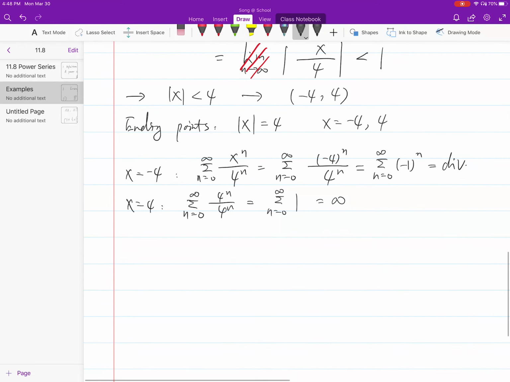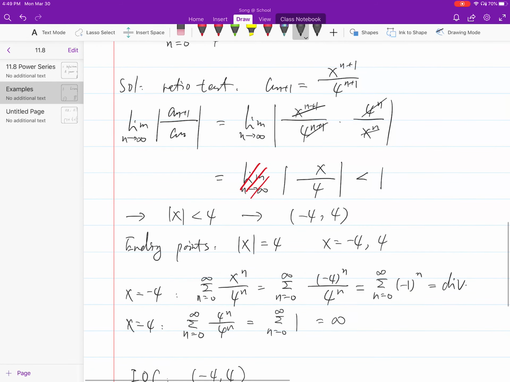We can say finally, the interval of convergence, IOC, is going to be -4 to 4. Both are parentheses because we checked the ending points. They're not included. So ratio test first. You end up with a number. This number depends on x.